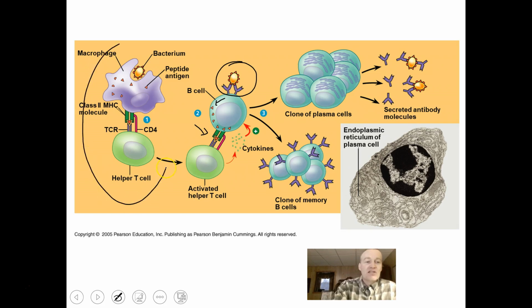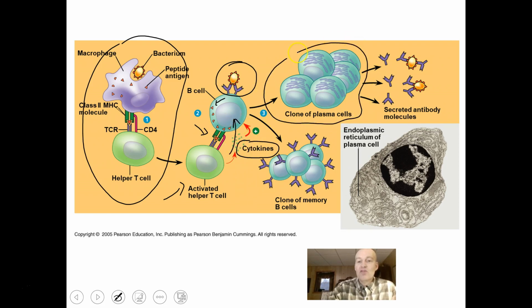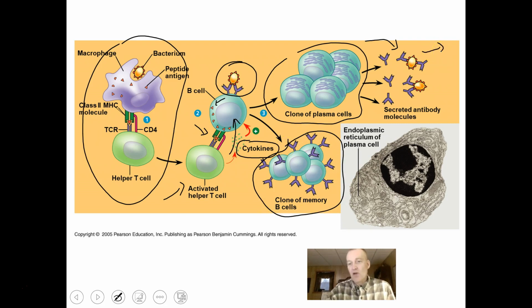Helper T cells also have to be activated by that specific antigen. So activated helper T cells will create those cytokines that will stimulate this B cell to form clones of itself, form plasma cells that will produce antibodies, and also form memory cells. Those antibodies, we need to talk about what those things do.